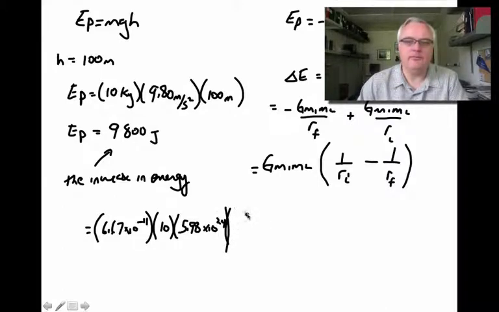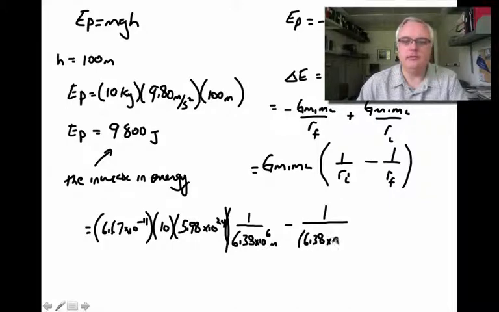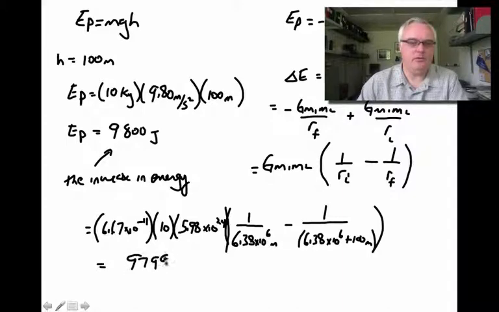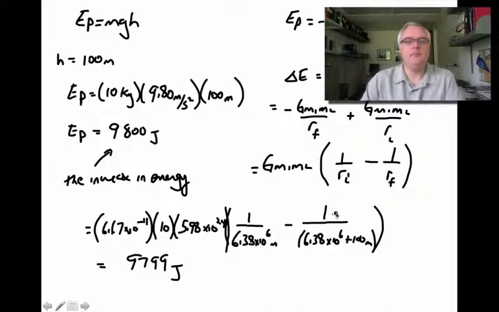And then I'm going from the initial radius, which was basically I'm at the surface of the Earth, so the radius of the Earth, and then I'm going to subtract the new separation, which is the radius of the Earth plus the 100 meters. And what you find out is we get almost exactly the same answer. We're different by 1 joule. So you can see the two equations give us the same result.